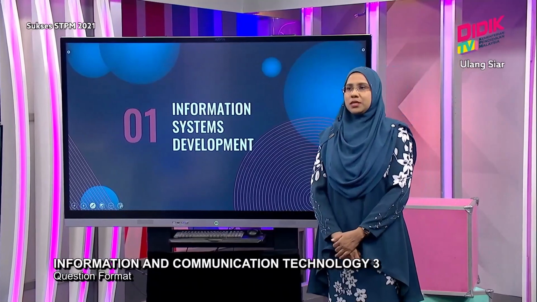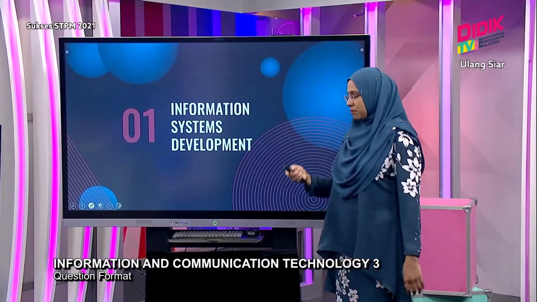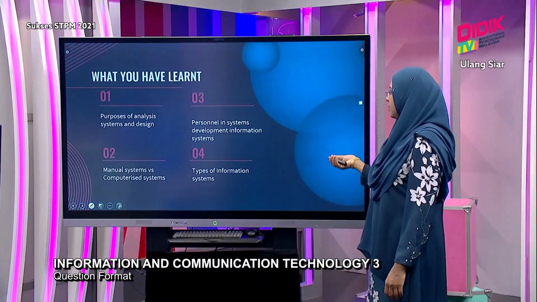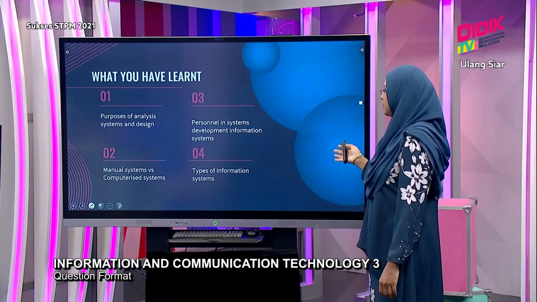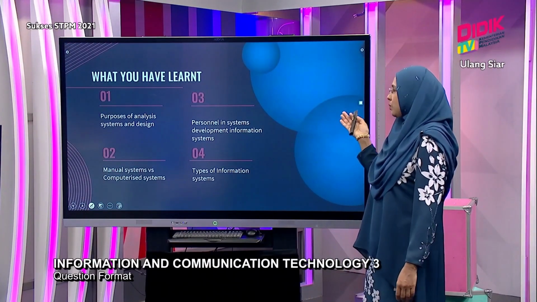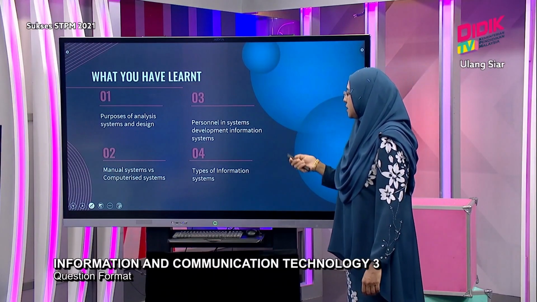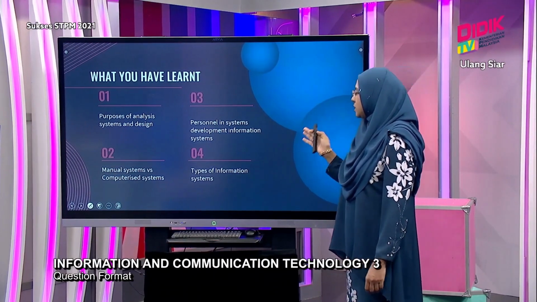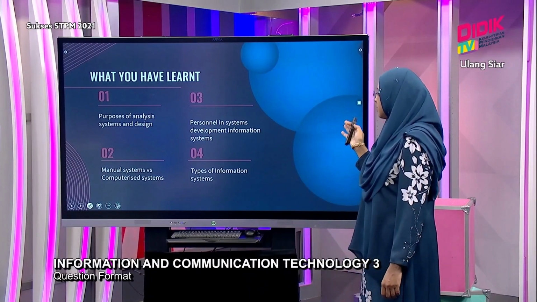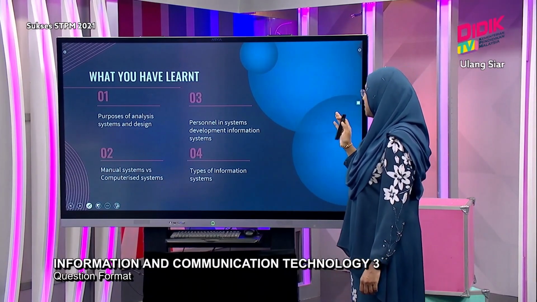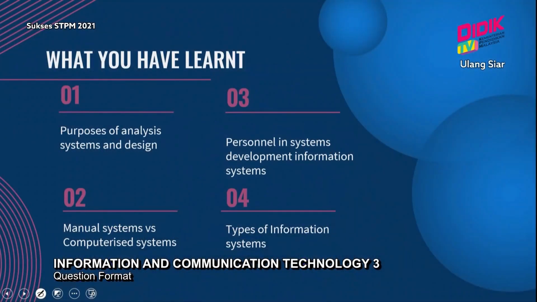The first chapter is about information system development. There are 4 topics in this chapter, a very small, beginning chapter. We learn about the purpose of system analysis and design, manual system versus computerized system. The third topic is personnel in system development, and the fourth is types of information system.